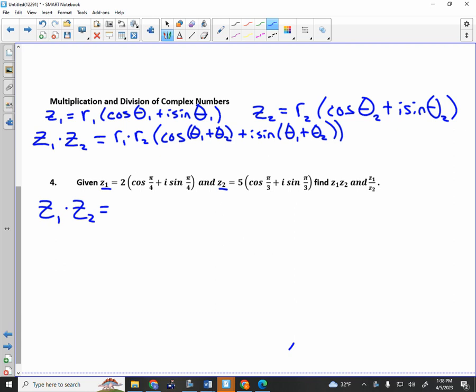Okay? So if I take z sub 1 and I multiply z sub 2, what am I going to start with? 10. 2 times 5 is my 10. Times the cosine of, now what? How are we going to add our pi over 4 and our pi over 3? Common denominators.